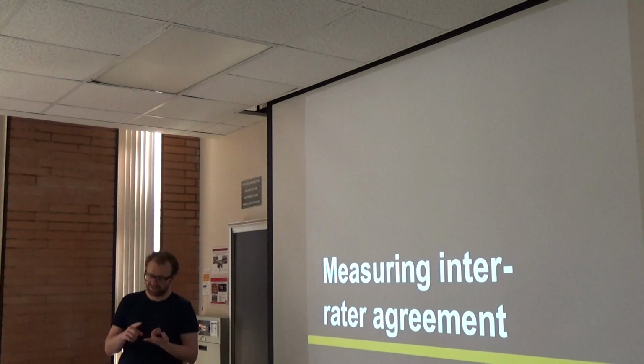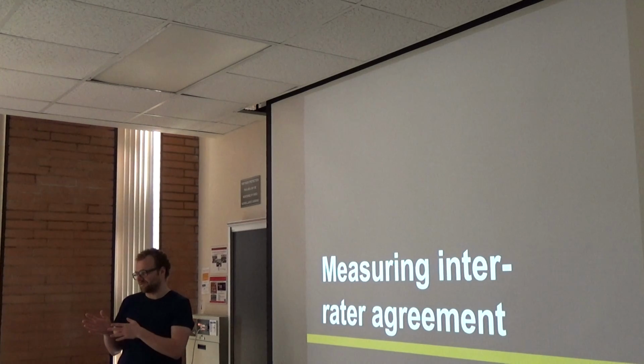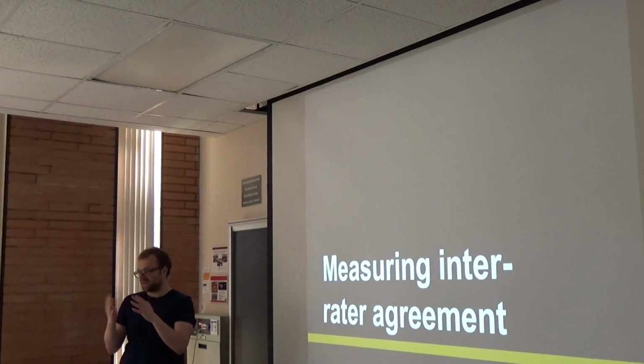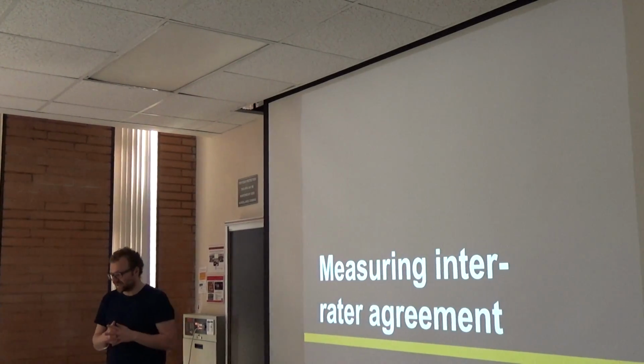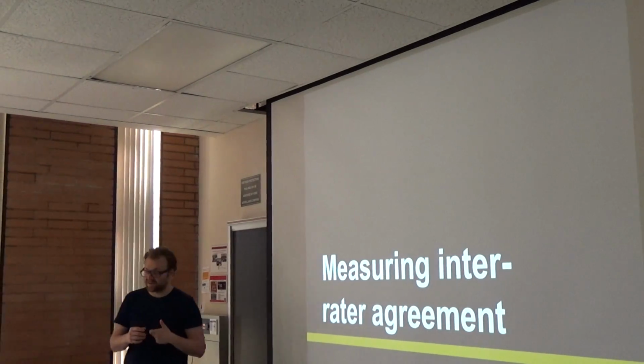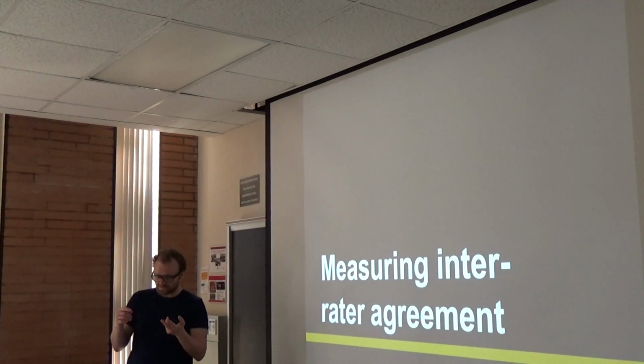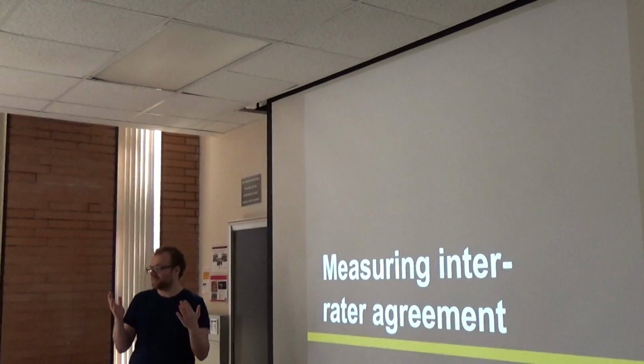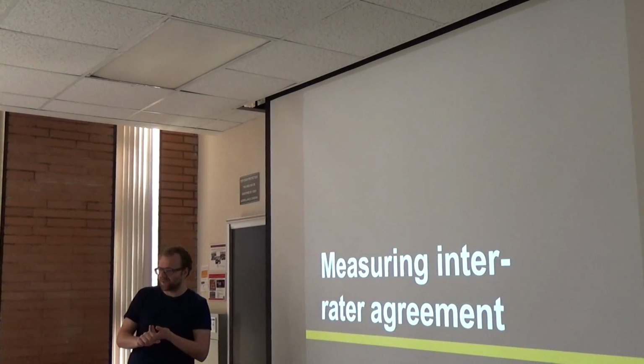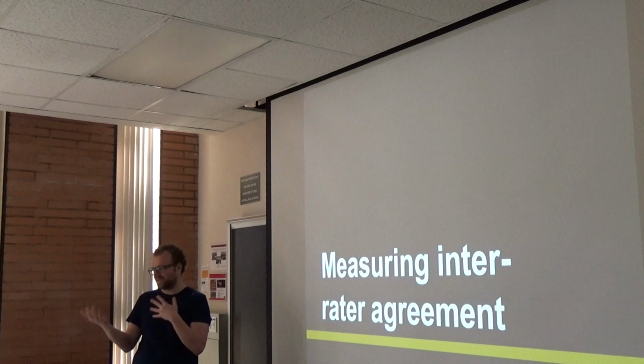For example, tissue samples: is that a cancer cell or is it not? Sometimes that is not a 100% clear thing for experts. Sometimes the expert might be tired when annotating, another expert might have a different opinion, and so on.